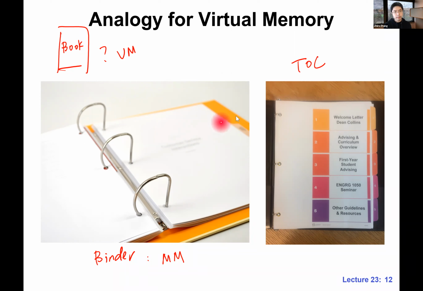So what exactly is the TOC? How do we implement this kind of table of contents in our virtual memory? That's the next question that we have to ask. Actually, this is just a lookup table. We just implement some kind of lookup table to implement this TOC. All right.